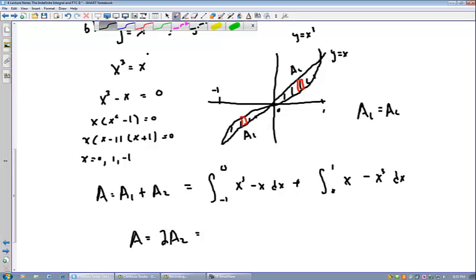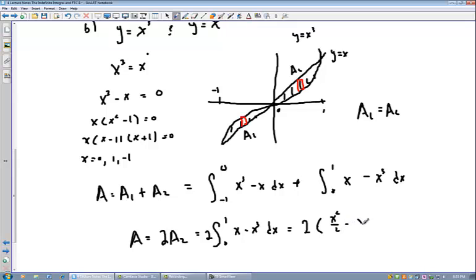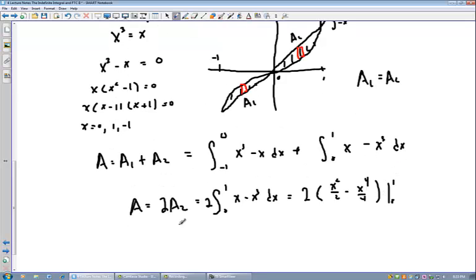So I could also do the integral from 0 to 1, and multiply it by 2, of x minus x cubed dx. And so if you did it that way, it'd be 2 times the integral of x, so that's x squared over 2, minus x to the 4th over 4, from 0 to 1. And then I can plug in 1.